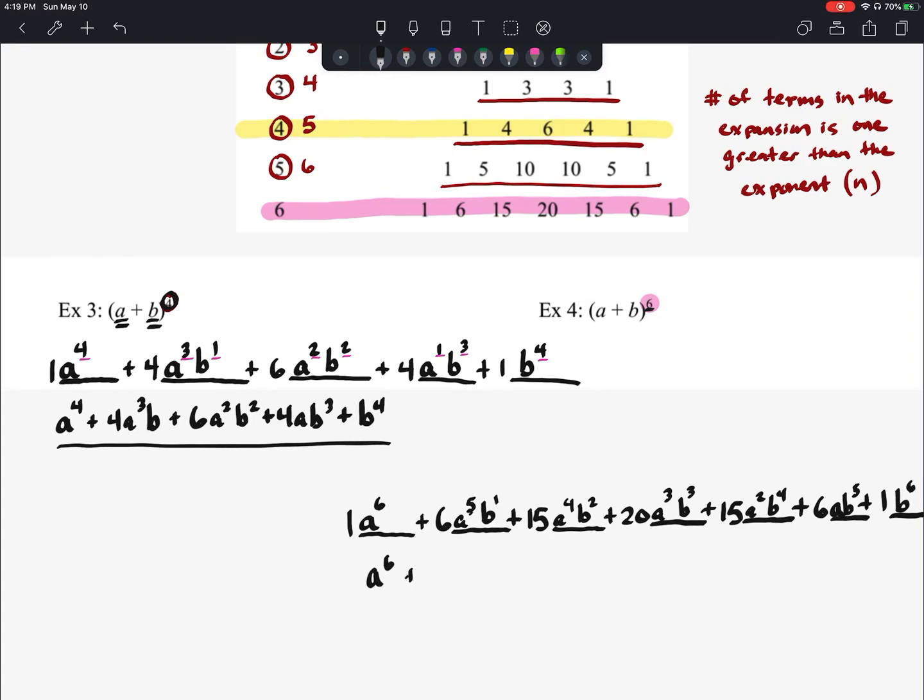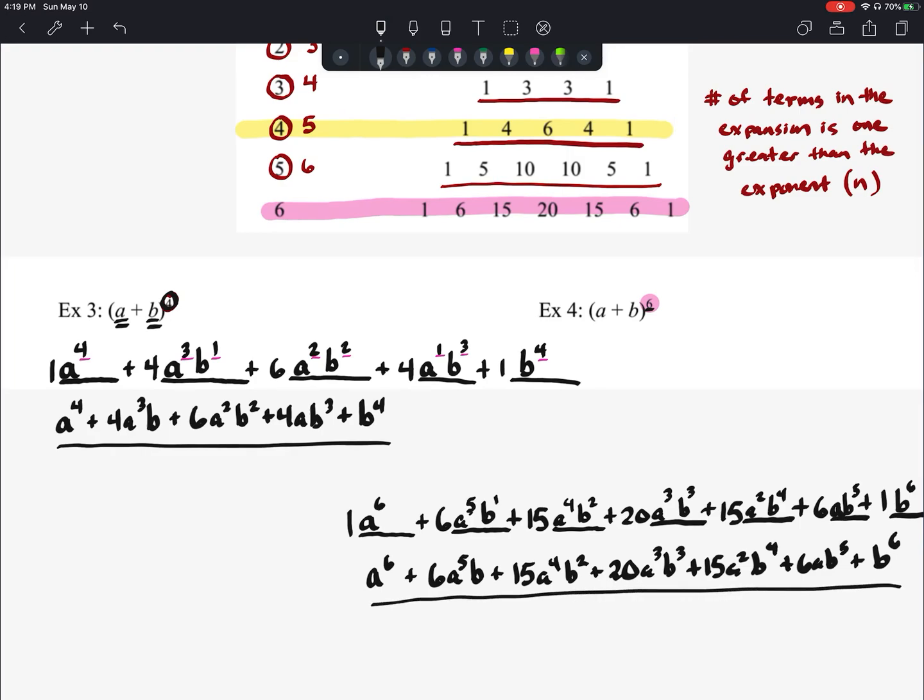A to the 6th plus 6a to the 5th b plus 15a to the 4th b squared plus 20a to the 3rd b to the 3rd plus 15a squared b to the 4th plus 6ab to the 5th plus b to the 6th power. And that is our expansion. So we'll go on to the next examples in the next video.